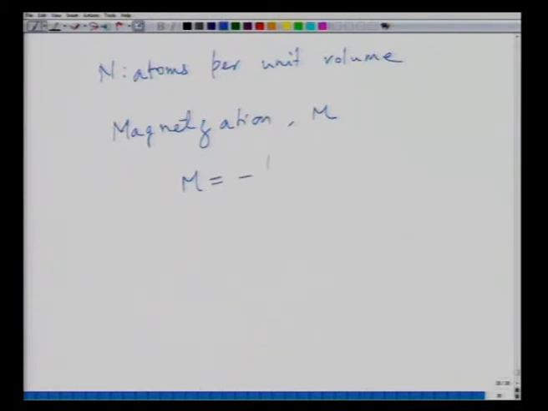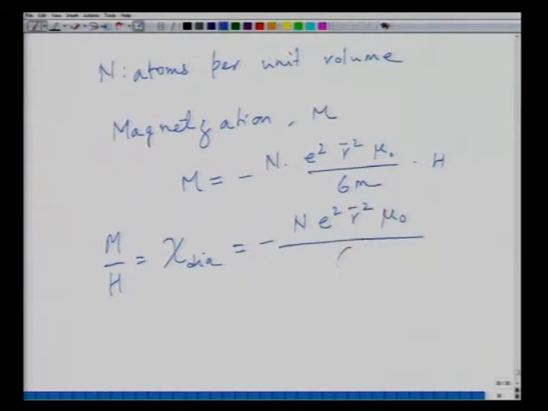So assume you have n atoms per unit volume, and as a result the magnetization M is given as M equal to minus of n multiplied by e square r bar square mu naught divided by 6m into H. If you take H on the other side, M by H becomes nothing but chi dia, which is equal to minus of n e square r bar square mu naught divided by 6m.